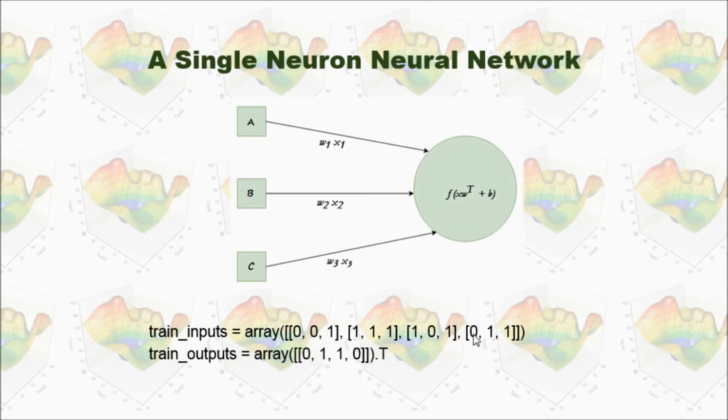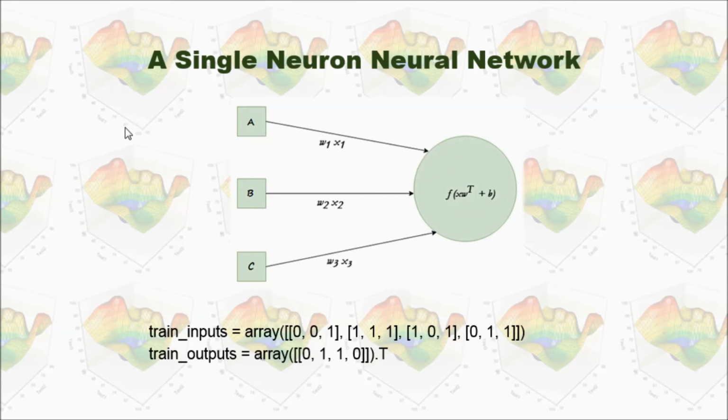And similarly, the last input starts with 0, and output is also 0. So you can see in this training set, somehow final output are all consistent with the first input. It's 0, 1, 1, 0, 0, 1, 1, 0. That means in our training set, basically, this input from A will have a big impact to the final result.